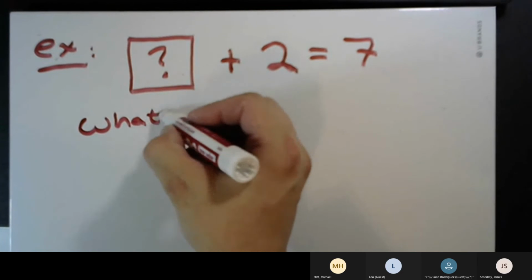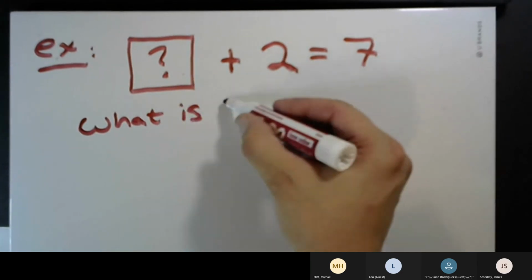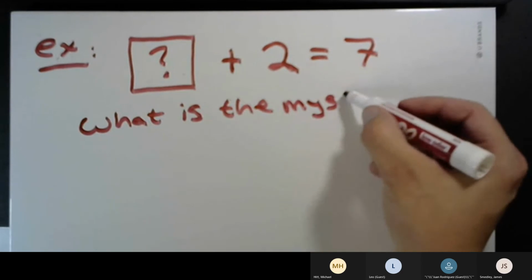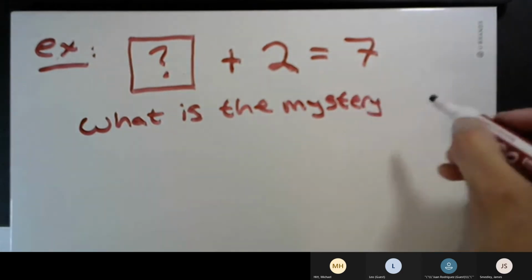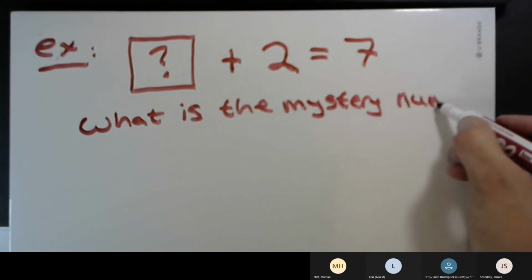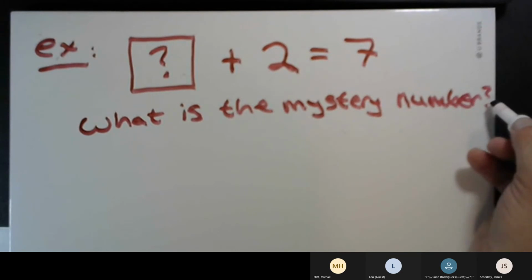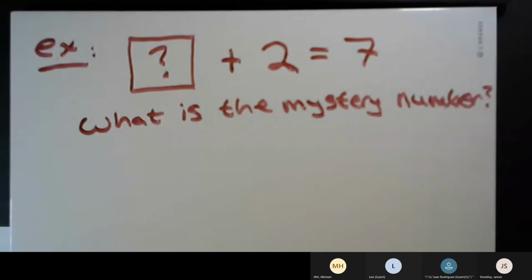So what we want to answer is, what is the mystery number? And this is algebra. That's all algebra is. Can we figure out the mystery number?